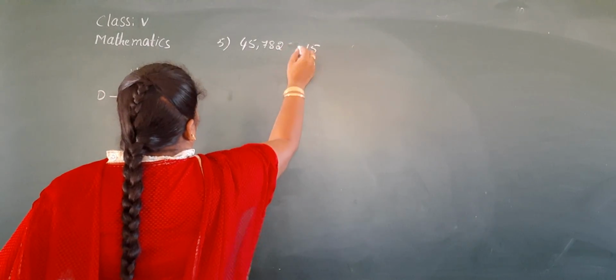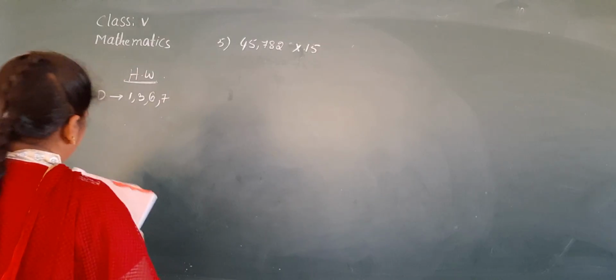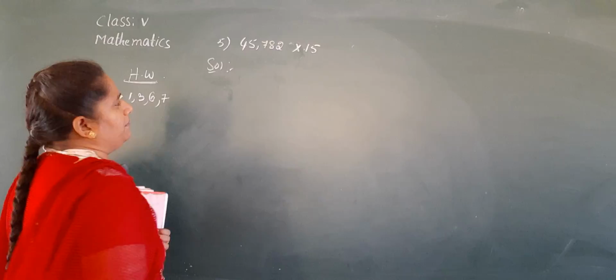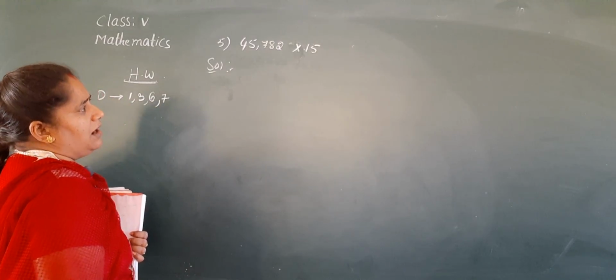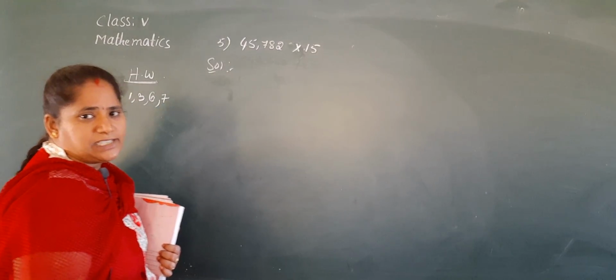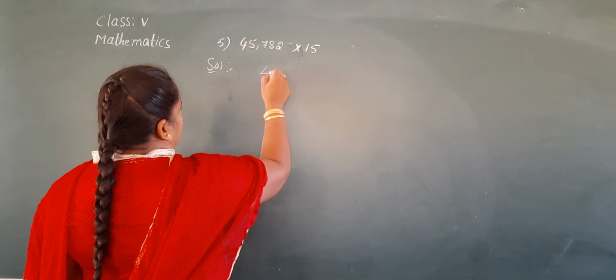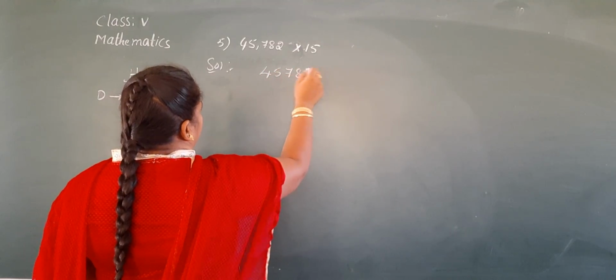Sorry, children, into 15, Nana. So your choice, children. You can do this problem by direct multiplication or you use the multiplication technique. I will explain both. Okay, Nana? First I will explain direct multiplication.